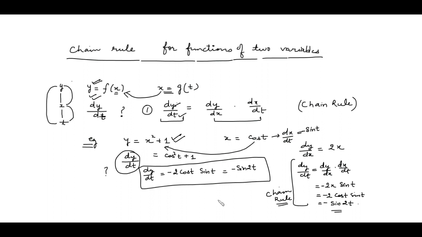By chain rule, we can find the derivative of y with respect to some other variable t. Now in the same way, we can extend it to find the derivatives of functions having more than one independent variable using the chain rule. Now just see, what is the rule? Let's suppose we are given a function z, which is a function of x and y. So z depends on x and y, which are independent variables.